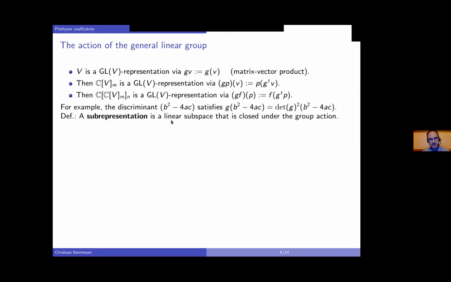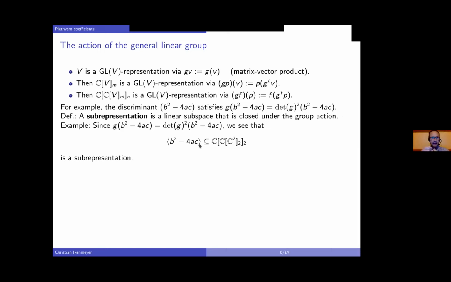First of all, a subrepresentation is just some linear subspace that's closed under the group action. And we've seen plenty of those already. I mean, here in this example, you can, for example, take b squared minus 4ac. Since it only rescales, this is a subrepresentation, right? So the line spanned by b squared minus 4ac lies in this space.